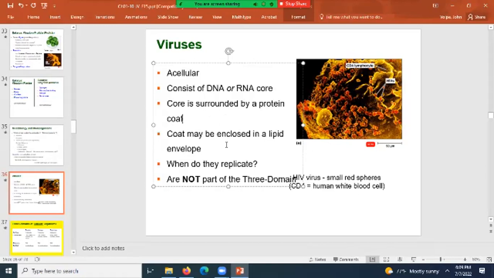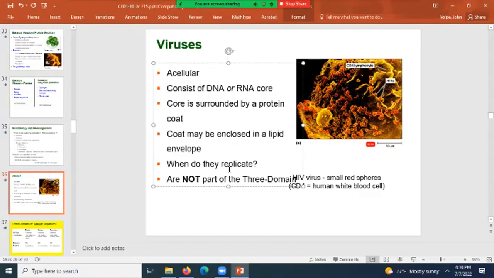The protein coat may be enclosed inside a lipid envelope. So the virus may have a lipid envelope, but viruses do not have to have one. Many of them do not have a lipid envelope, in which case all they have is the protein coat and the genome.